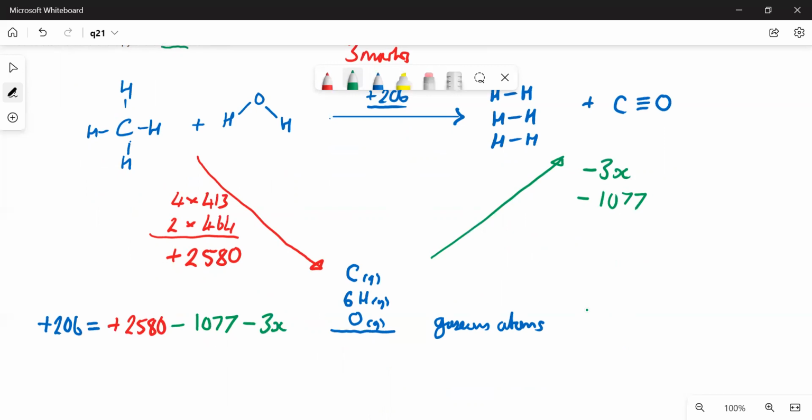Right, so let's just rearrange, get all that together. So we end up getting 3x is equal to 206 minus 2580 plus 1077. So 3x, add all that, is minus 1297.